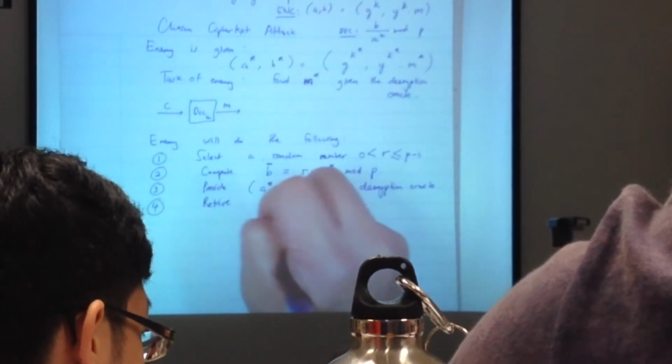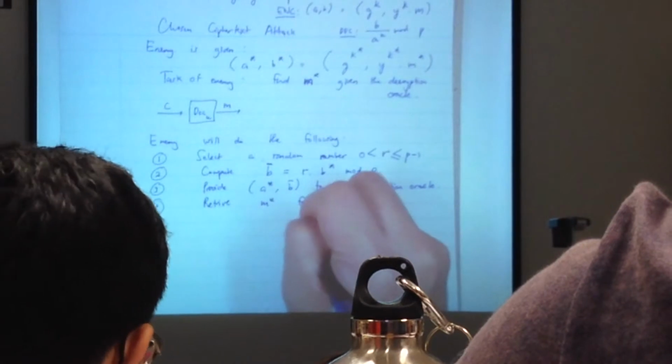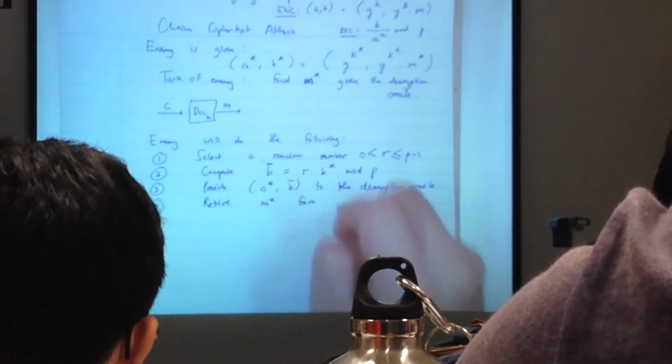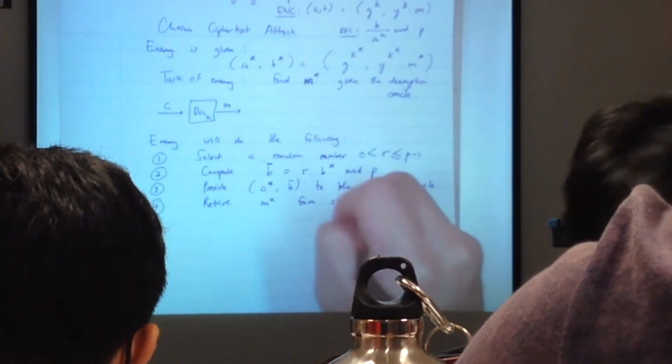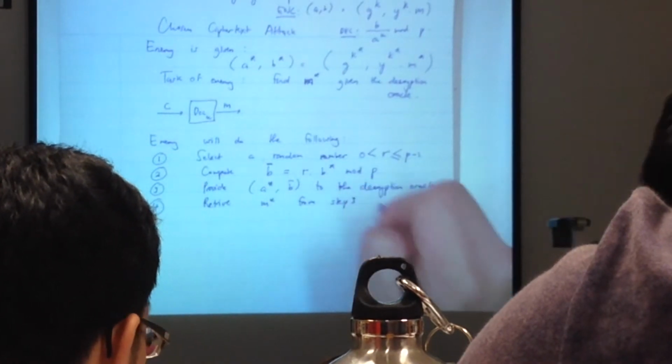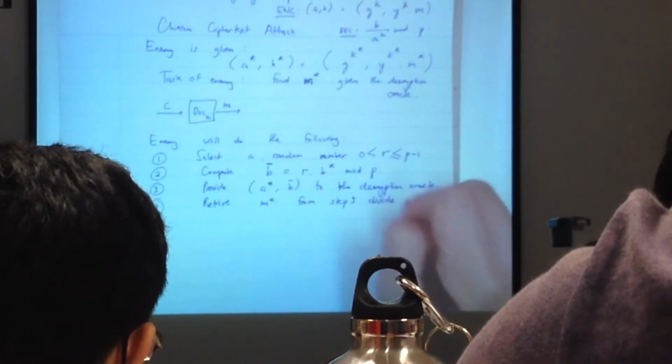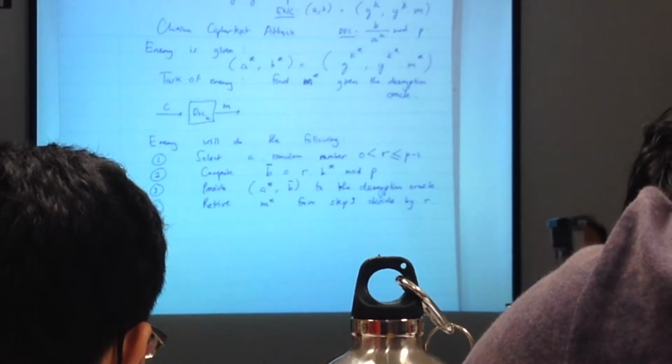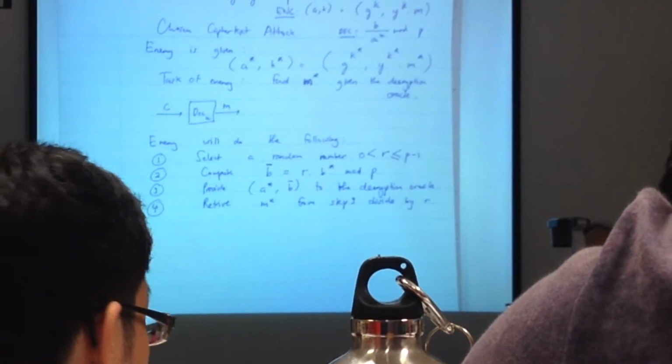Finally, the enemy will retrieve M star from the output divided by R.